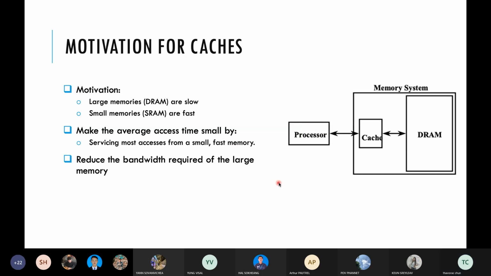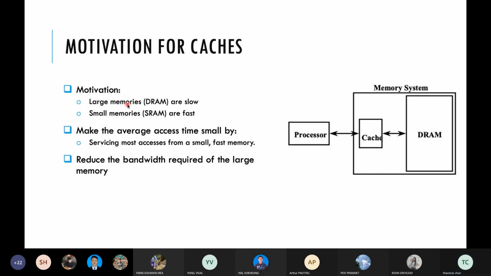All right. Here the DRAM is a large memory, but it is slow compared to SRAM. SRAM is smaller, but it's faster. So we build cache with SRAM, and we use DRAM for RAM, for primary memory.